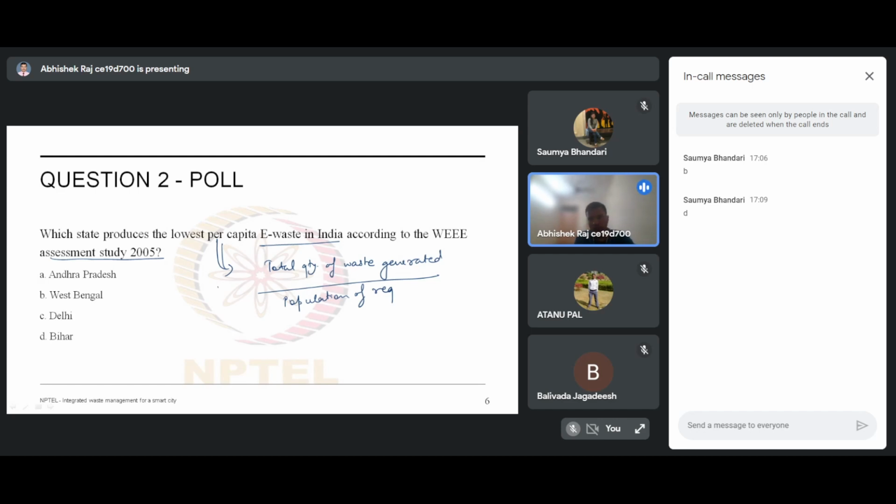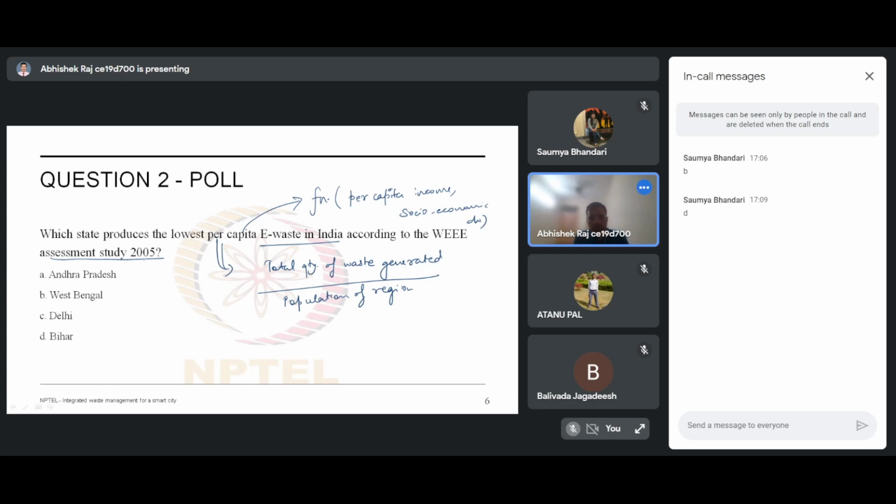Here we are considering states of India. This is the mathematical definition, but it will also be a function of the per capita income and other socio-economic characteristics of the area. So depending upon this, it changes.